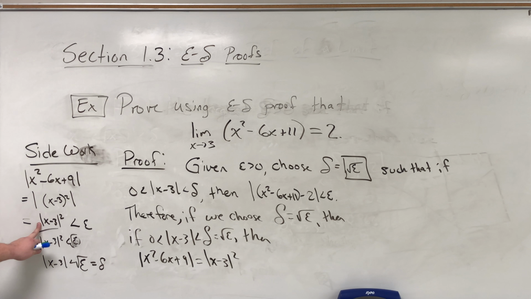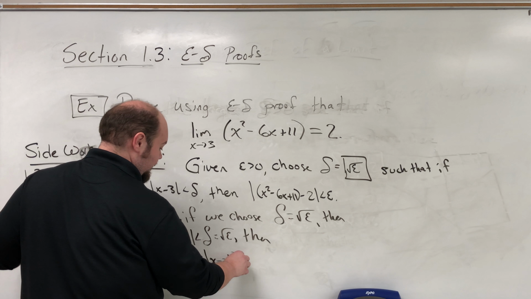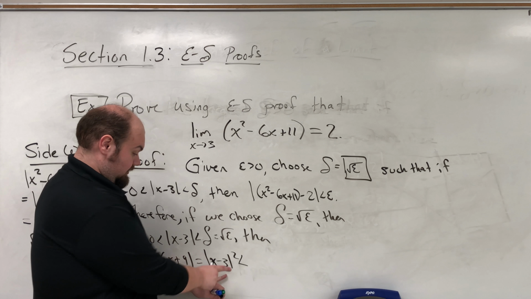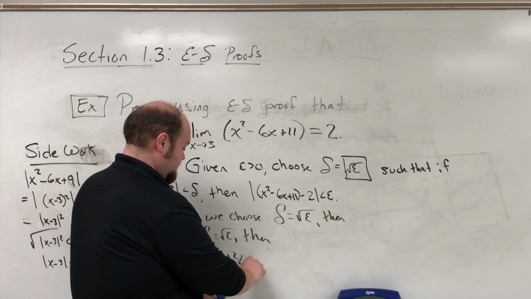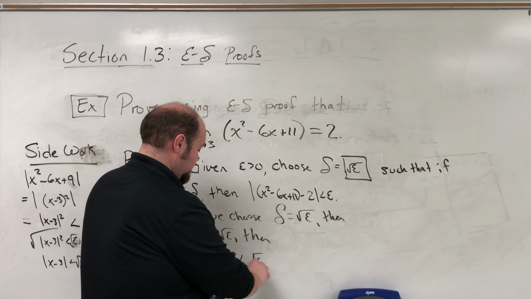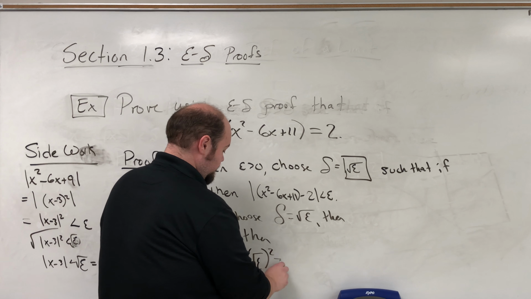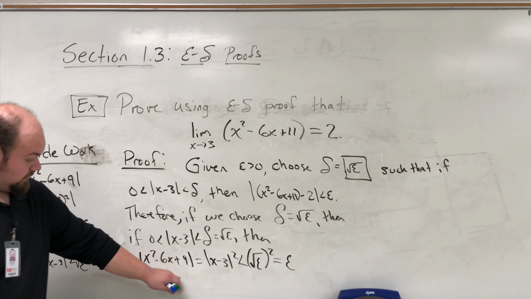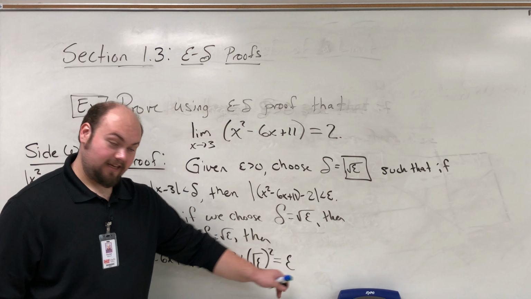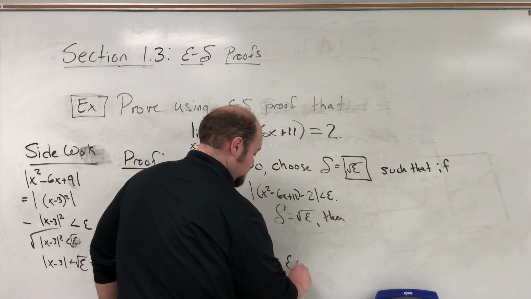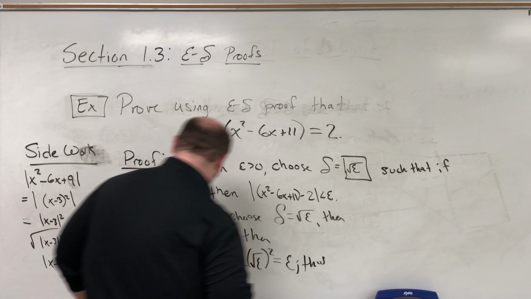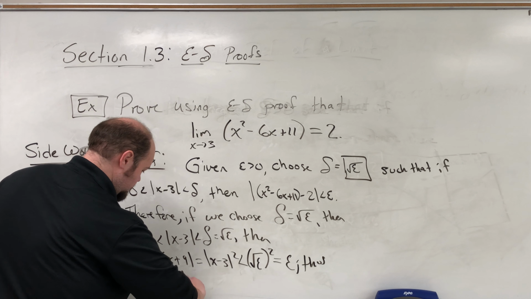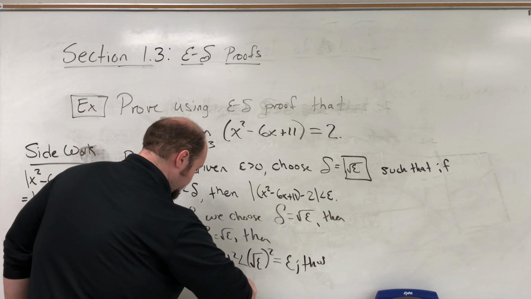But we said, okay, well that has to be less than, replacing this with delta, the square root of epsilon quantity squared, which is equal to epsilon. So we said that this expression therefore must be strictly less than epsilon, thus showing what we wanted to prove.